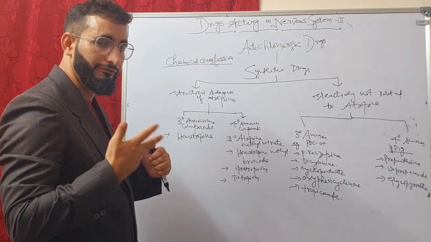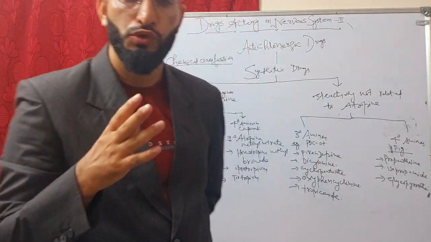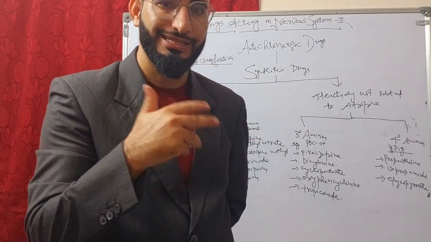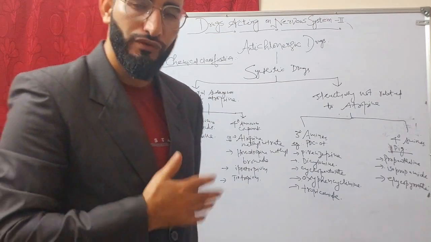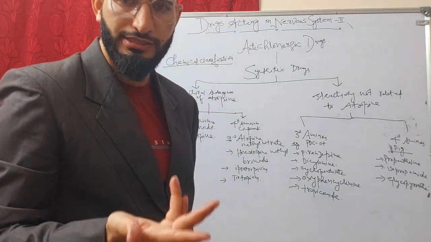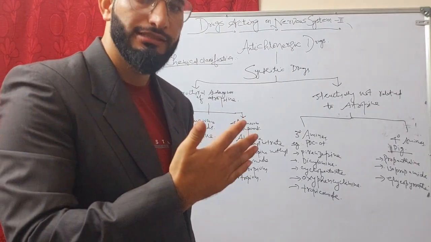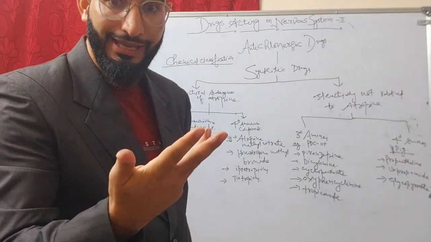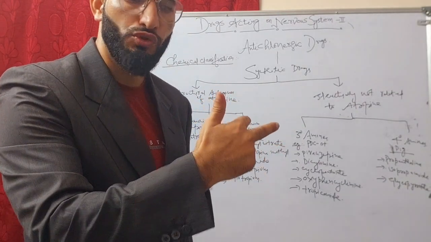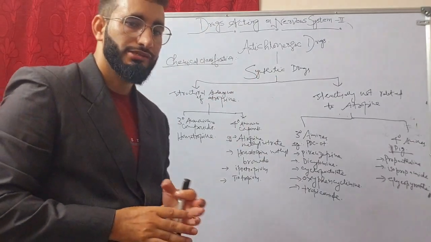As a quick recap, these anticholinergic drugs are used in the management of cholinergic excess. For example, we have disorders like myasthenia gravis, organophosphate poisoning, dementia with Lewy bodies, and also Parkinsonism. In these disorders, in order to manage or treat them, we are using anticholinergic drugs.